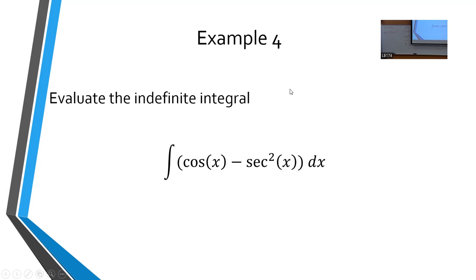Let's do this one. Cosine of x minus secant squared of x. Integrate that whole thing with respect to x.